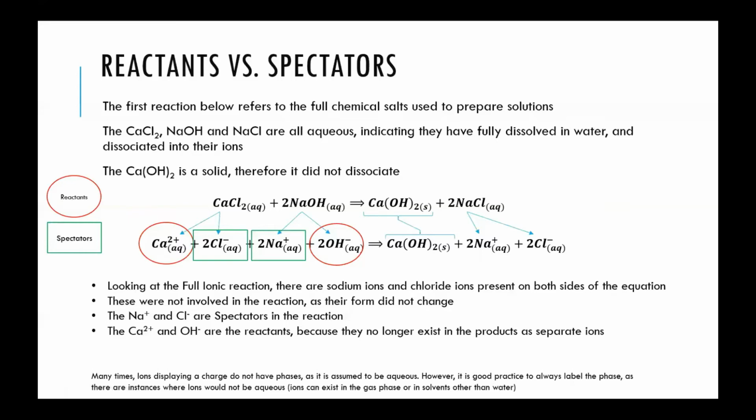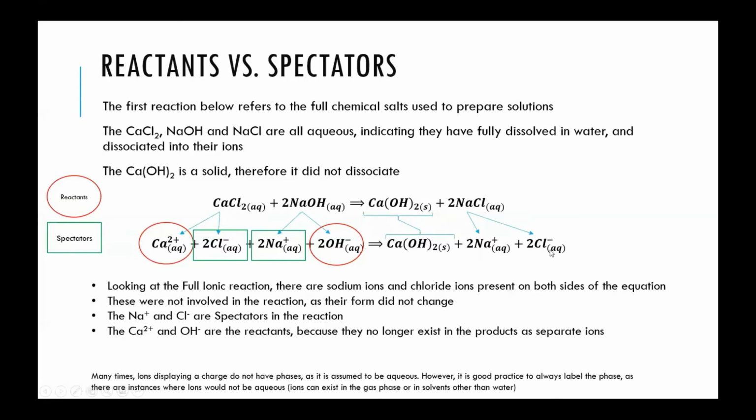It did not participate in the reaction at all. So these, in this case, chloride ions and sodium ions did nothing. They were spectators. They looked on as the calcium ion and the 2 hydroxide ions are the ones that actually reacted and formed the calcium hydroxide solid.